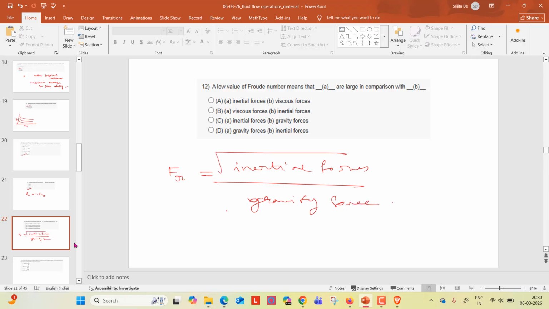So if it is a very low value of Froude number, it means gravity force is larger than the inertial force. So it will be option D. Gravity forces are large in comparison with inertial forces, option D.